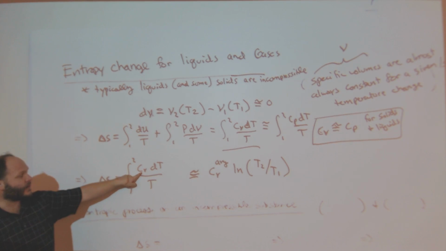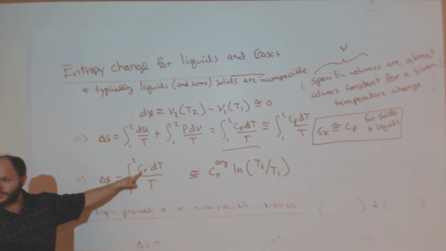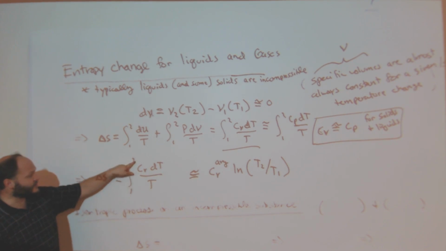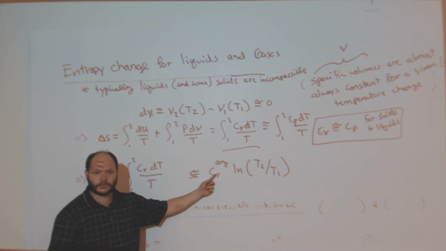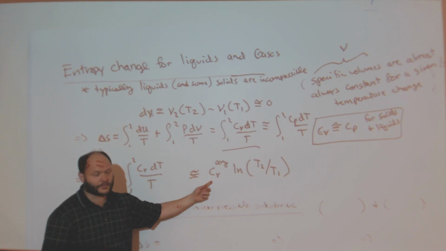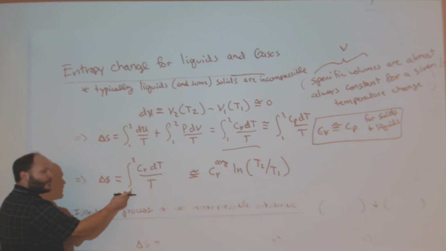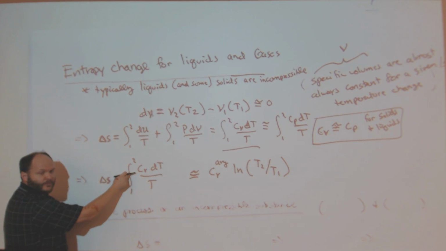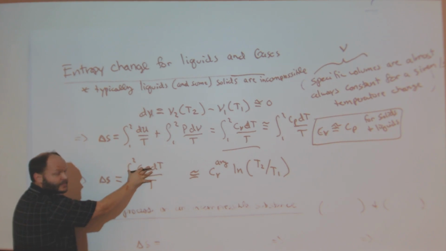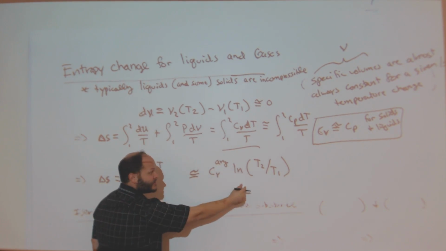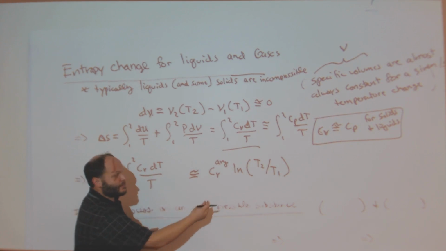Now this doesn't apply if I have a phase change. So if from state 1 to state 2, this is liquid and this is gas, I can't do this. I have to break it up into a separate part, going from liquid at one temperature to liquid just before phase transformation, then I can use this average, but it's not T2, it's some other temperature, it might be T2.